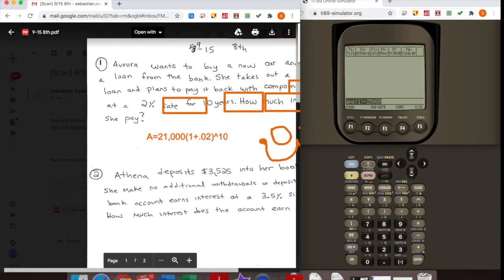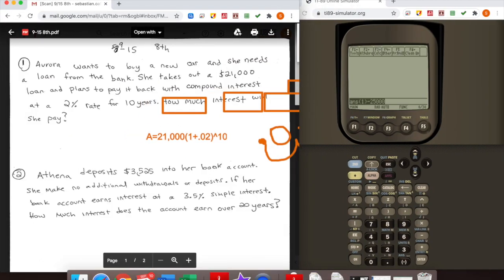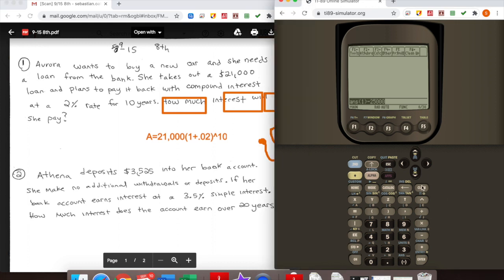So we're going to enter this into the calculator. So we have 21,000 times 1 plus 0.02 with an exponent of 10 for the 10 years.